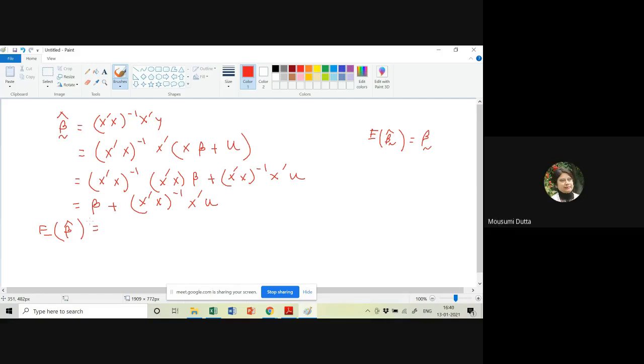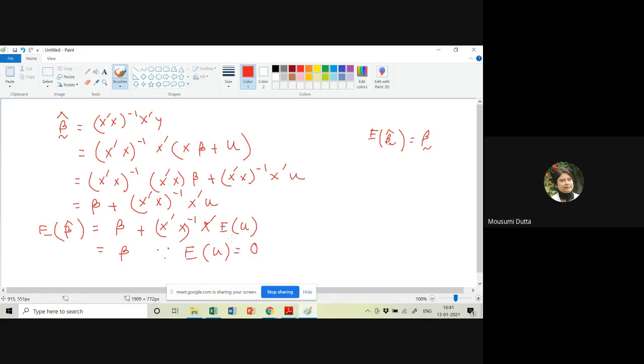Since beta is a constant, the expectation of beta will be beta, plus x prime x inverse x prime expectation of u. This is equal to beta, since expectation of u is equal to 0.